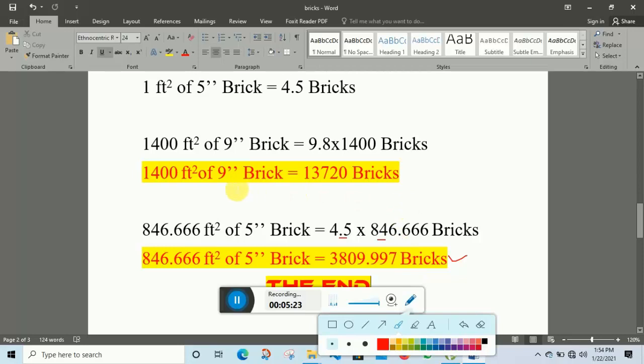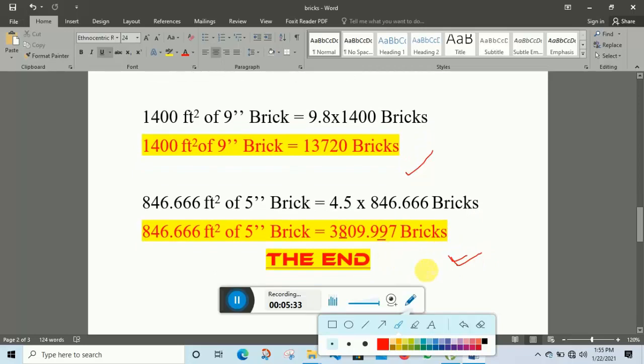So it means that this many 9-inch bricks are required, and this many 5-inch bricks are required. This is the end of this lecture.